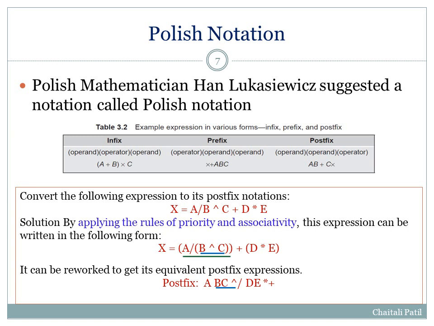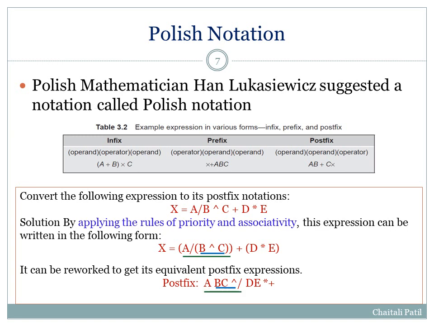Now, after solving this innermost bracket, next we have to consider this bracket: a divided by this complete bracket as one operand. How will it be converted into a postfix form? A, then this operand, and lastly this divided by operator.